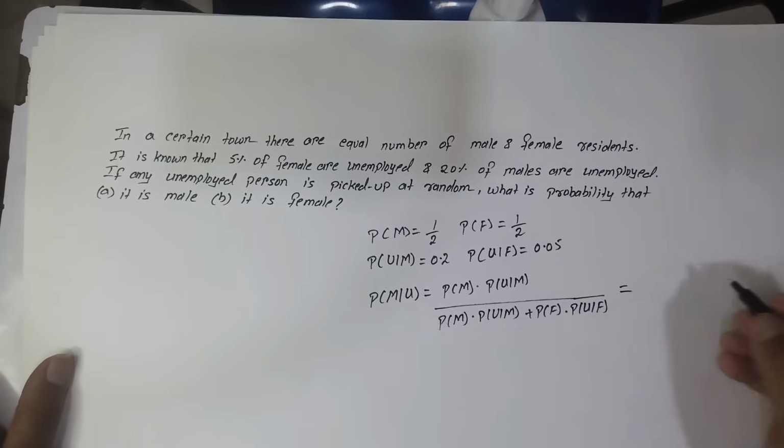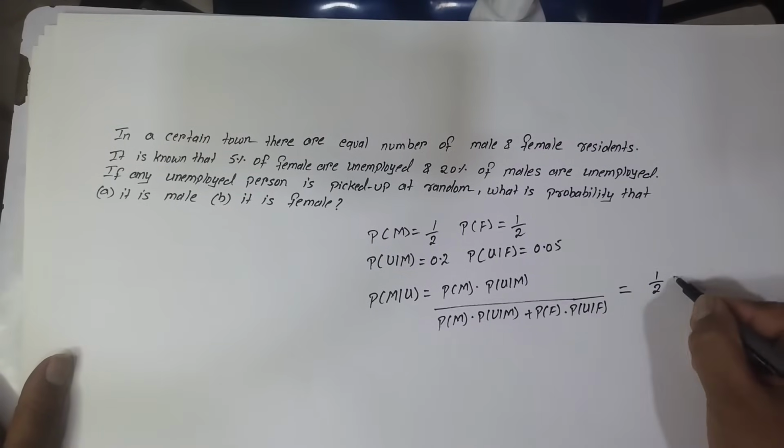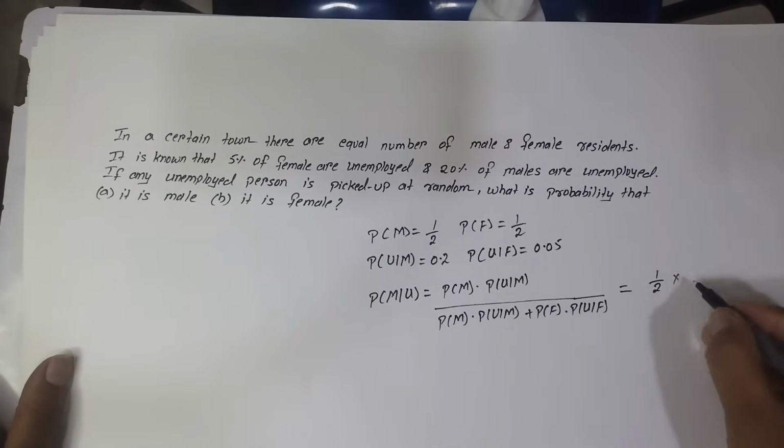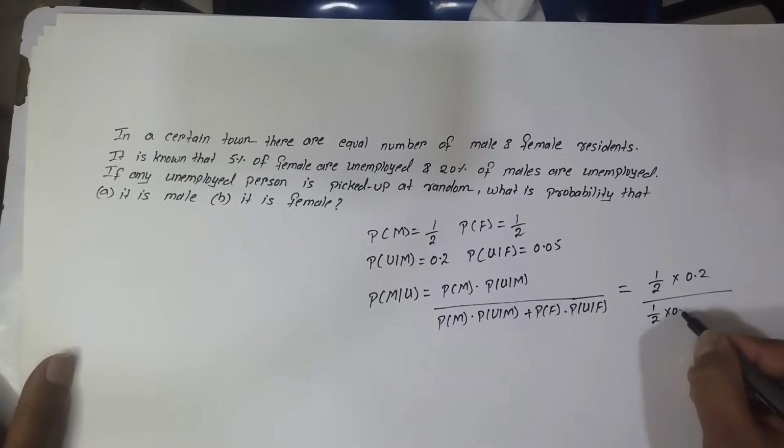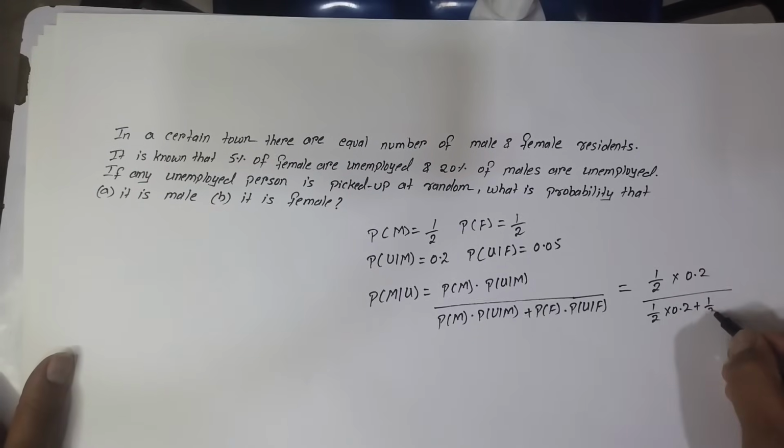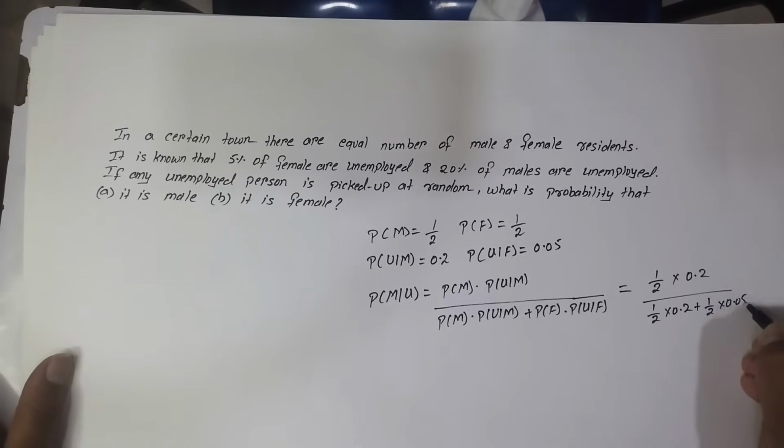So this will give us 1 by 2 into 0.2 divided by 1 by 2 into 0.2 plus 1 by 2 into 0.05.